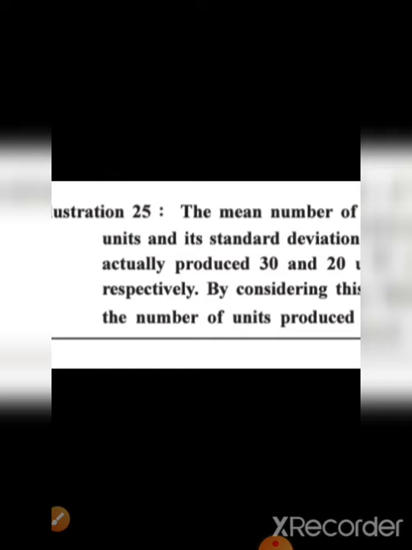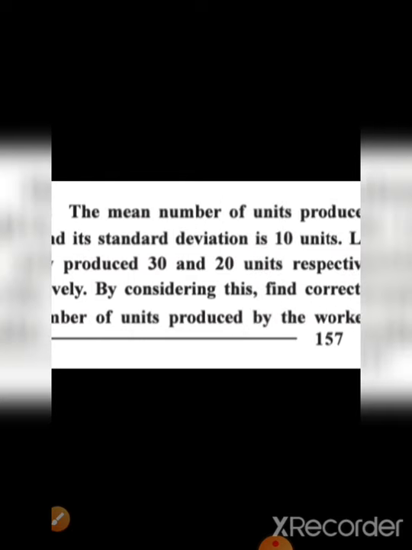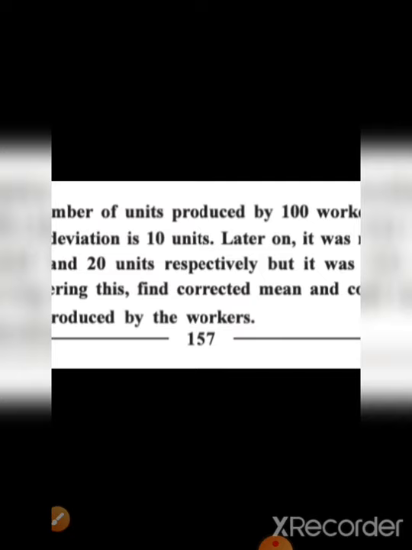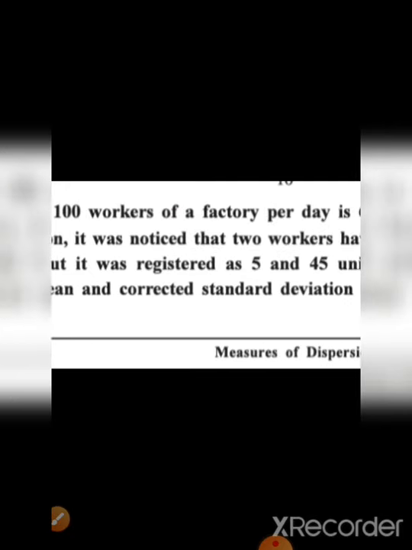Further, they have given the mean and the standard deviation. Obviously the mean is incorrect, and the standard deviation is also incorrect. Why? Because the observations which were taken were incorrect. So further, by considering this, find the corrected mean and the corrected standard deviation.